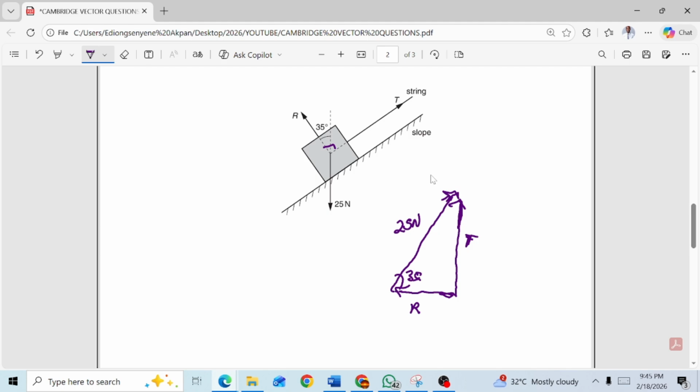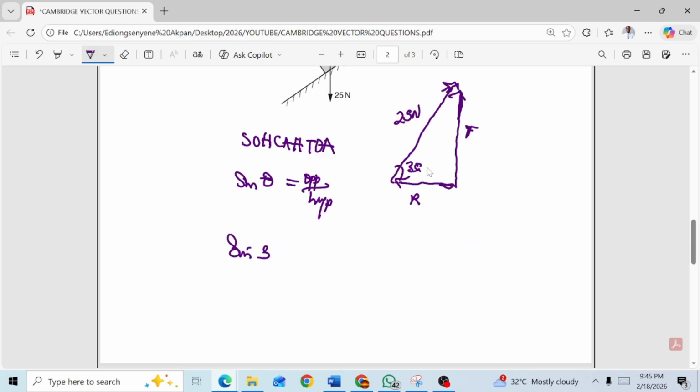Let's look at it. From SOHCAHTOA, sin theta equals opposite over hypotenuse. Sin 35 equals T over 25. T equals 25 sin 35.